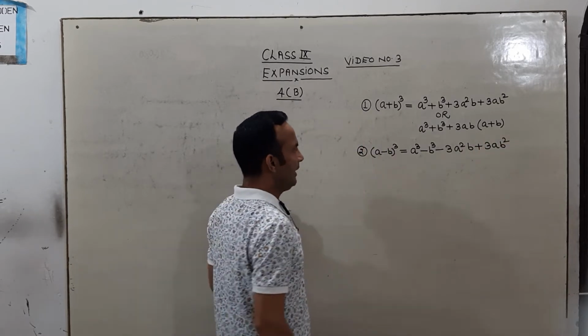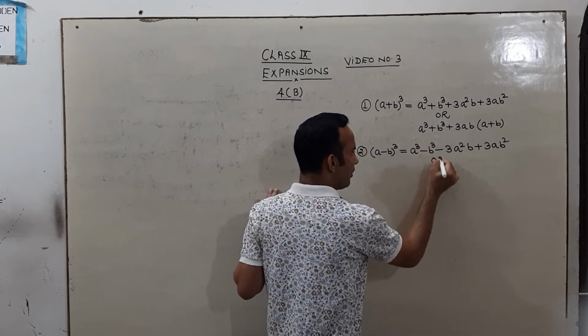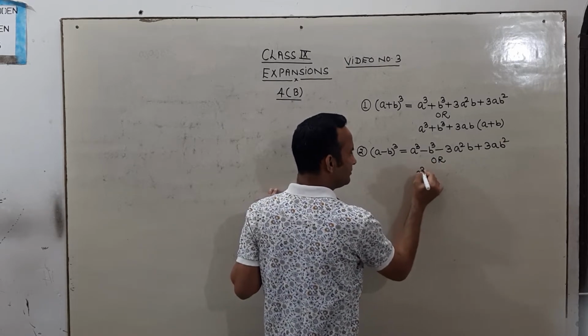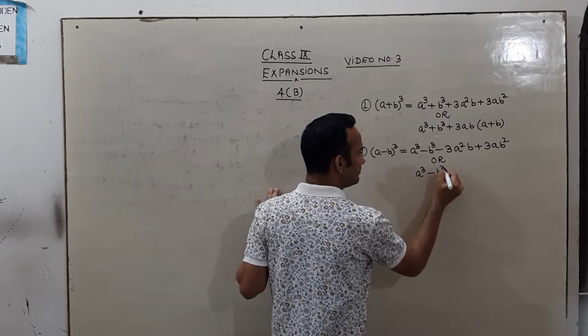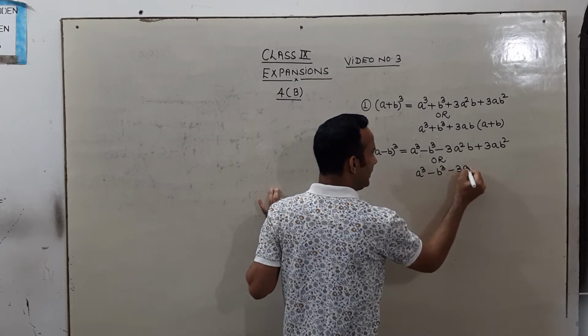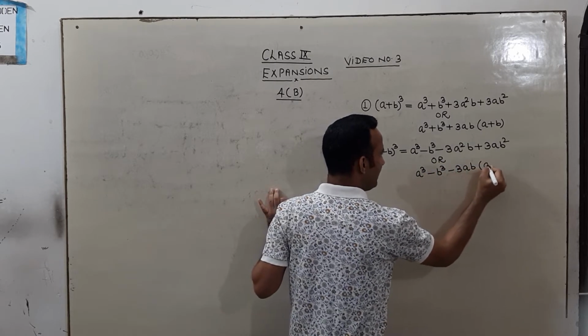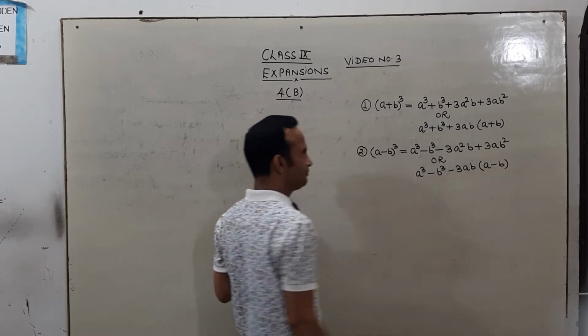It can also be written as a cube - b cube - 3ab multiplied with (a - b).